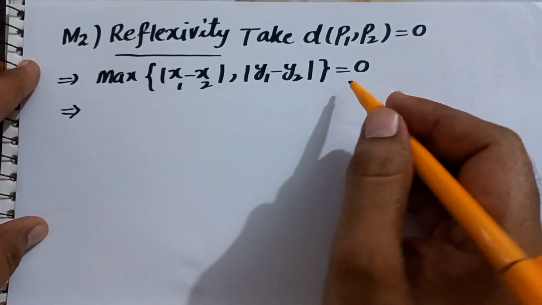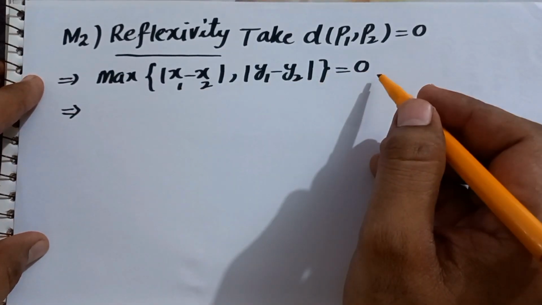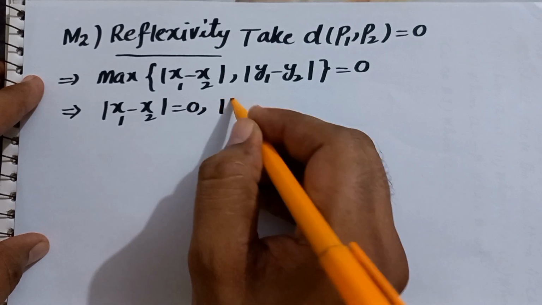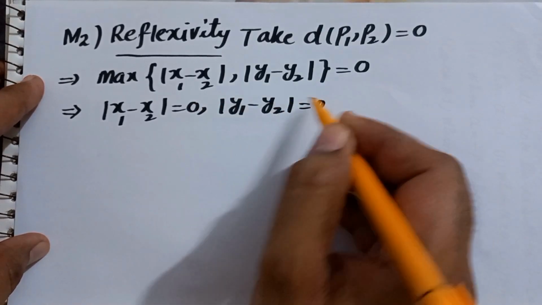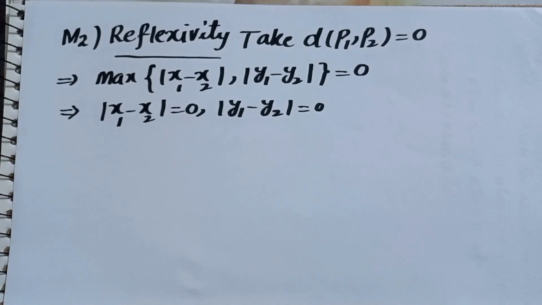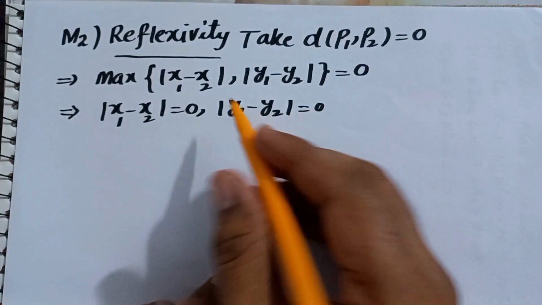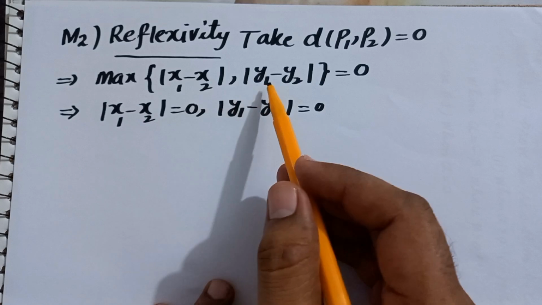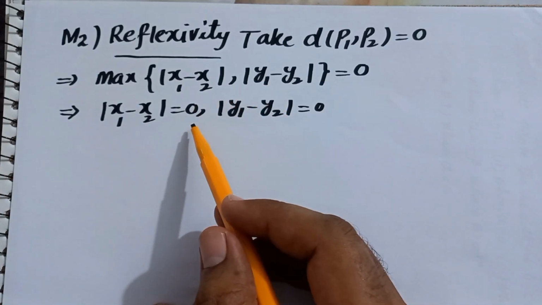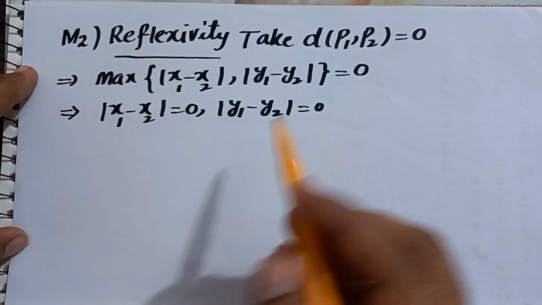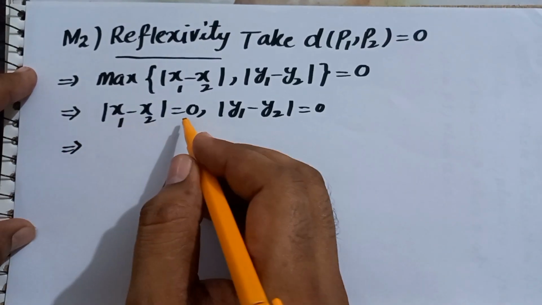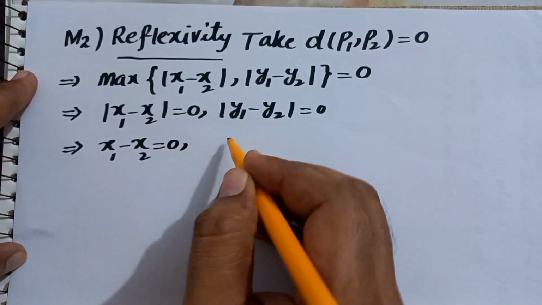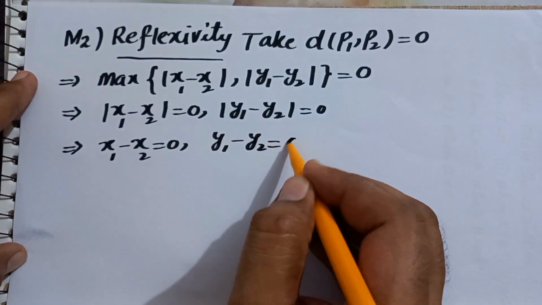Now what does this expression say? It says the maximum of two numbers is equal to 0. This is possible only if x1 minus x2 equals 0 and y1 minus y2 equals 0, because these two numbers cannot be negative here. So both of them are equal to 0. This implies the absolute value of the difference of two numbers is equal to 0. This is possible if x1 minus x2 equals 0, and similarly y1 minus y2 equals 0.